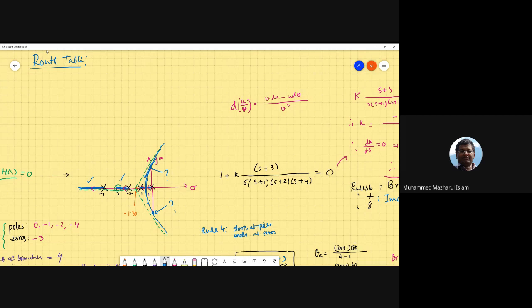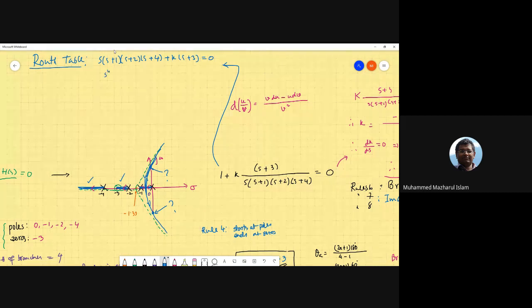So again, the starting point will be our characteristic equation, 1 plus k G H equals 0. For this system, we'll need to make a cross multiplication. We start from the characteristic equation, plus k into s plus 3 equals 0.